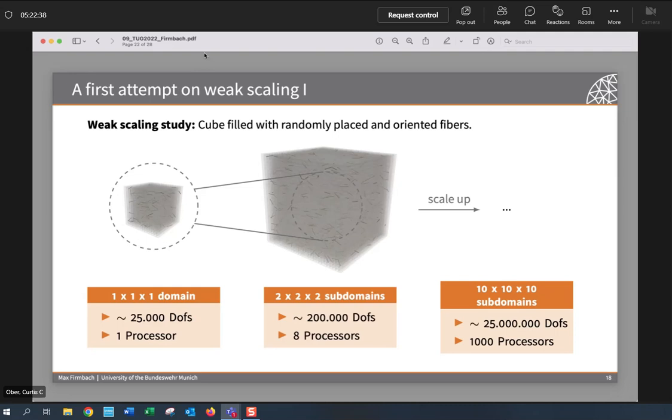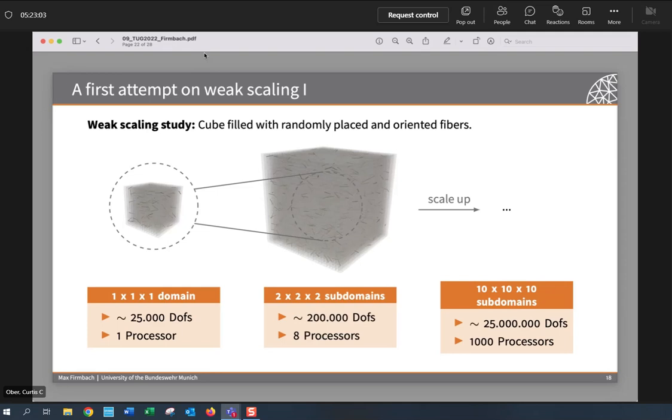Because of the weak scaling study, we try to keep the workload of each processor the same. We also use a fixed seed for this random distribution of the fibers inside the block. So with the bigger subdomains, you will see that the inner part will resemble the smaller problem.